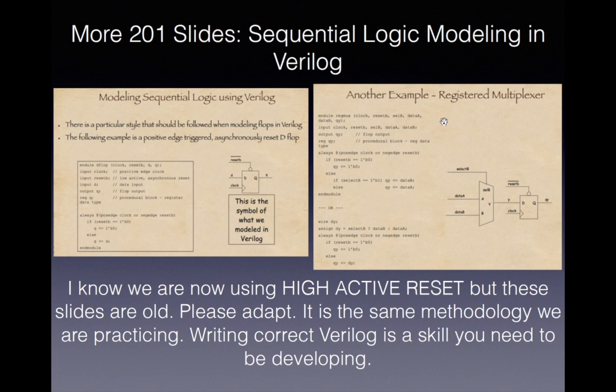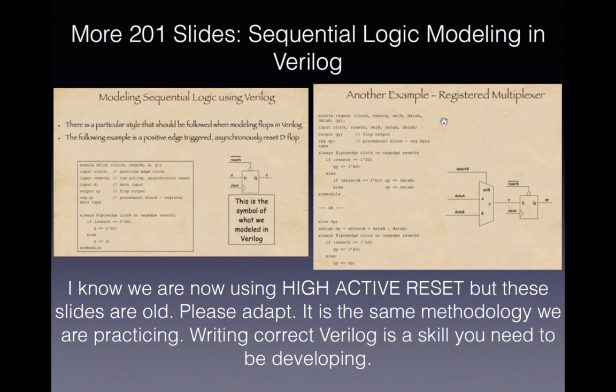So I need a multiplexer, but I want the output of my multiplexer to be registered. So you could call it a registered mux. How we do that is in the Verilog, for the two branches, we put the logic. So if select is a 1, the output gets B. If select is a 0, the output gets A.